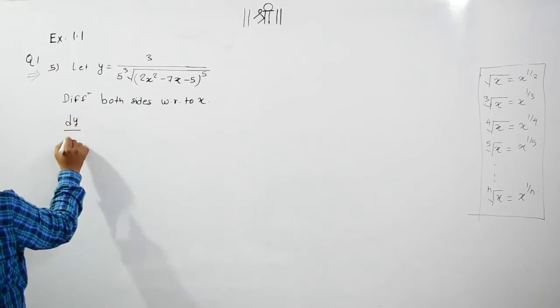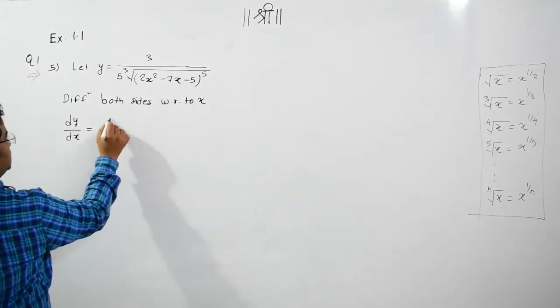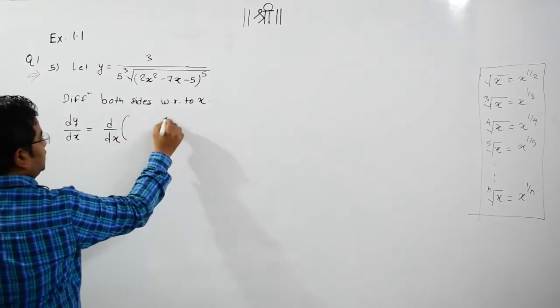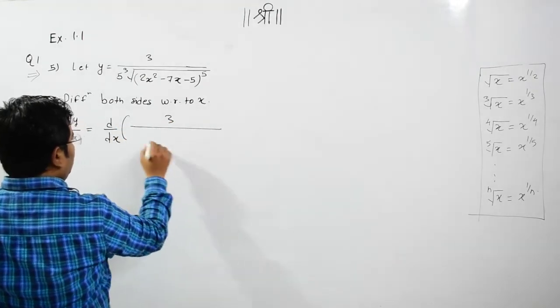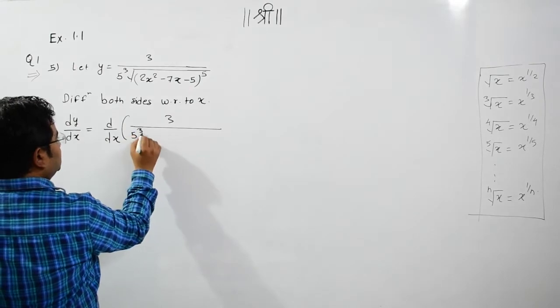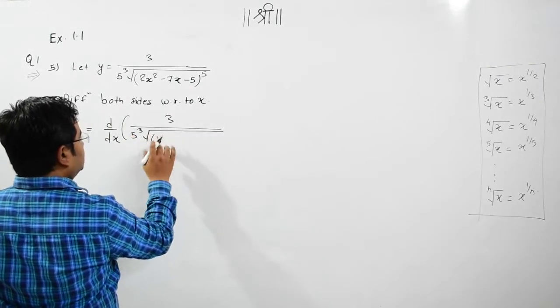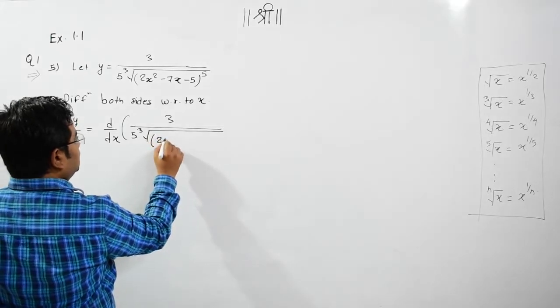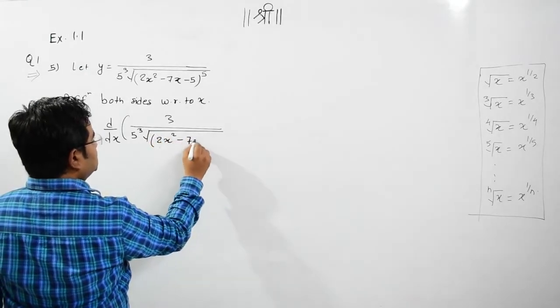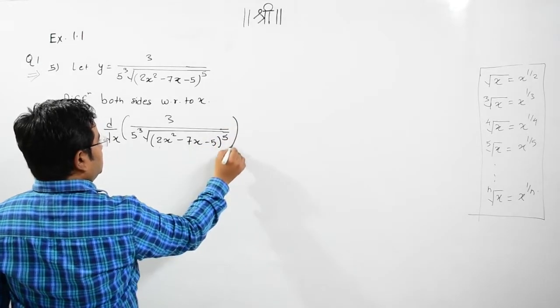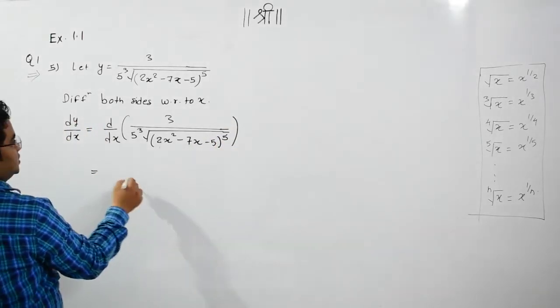Dy upon dx is equal to d upon dx of 3 upon 5 raised to 3 root of 2x square minus 7x minus 5 bracket raised to 5. Okay, now this is equal to what?